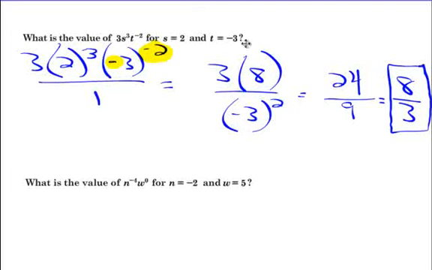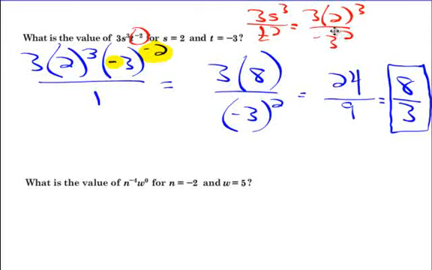Now I have some other folks, and their brain wants to fix this as soon as they see it. So that's the other way to do it. So I could say 3 s to the third over t squared. So now I don't have any more negative exponents to deal with. Now substitute. So 3, I have 2 to the third over negative 3 squared, which will give me 24 over 9, which gives me 8 over 3.